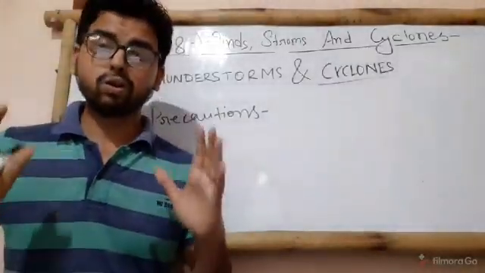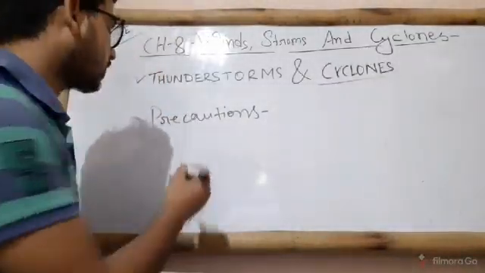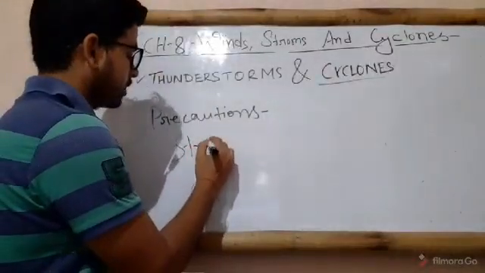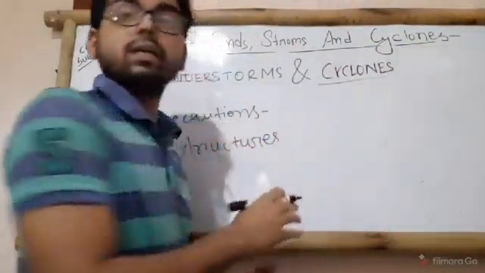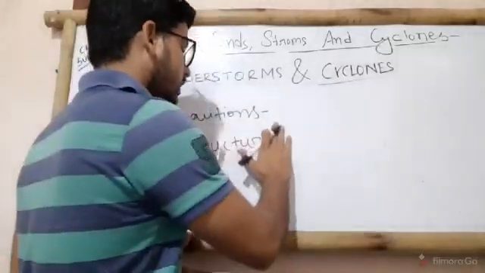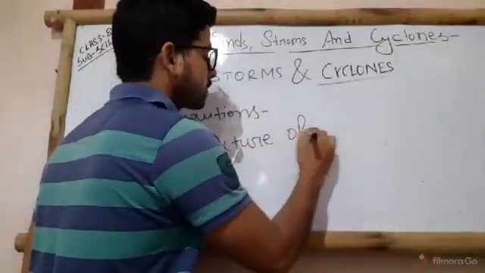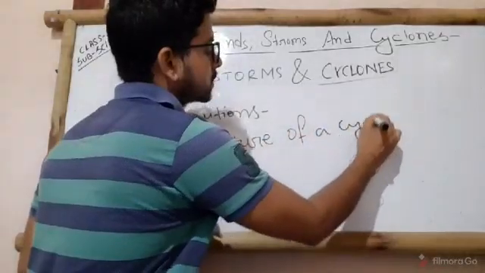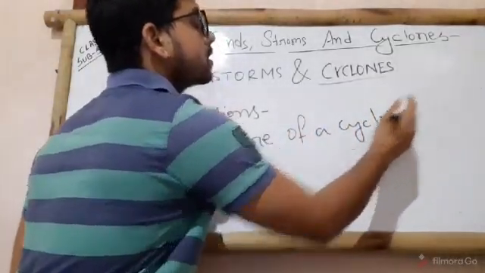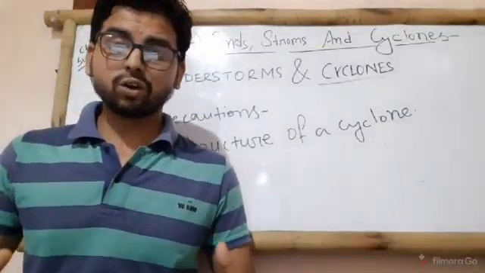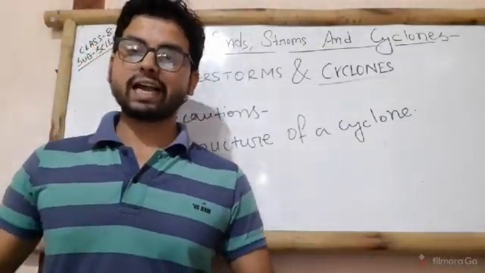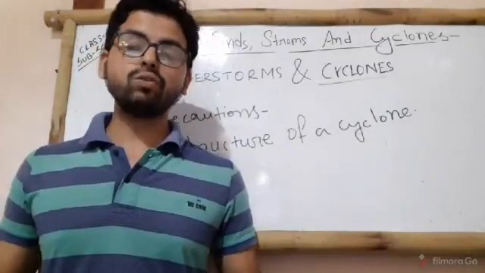Now we will learn about the structure of a cyclone. Basically, a cyclone is a rotation of air in the atmosphere at a height of around 10 to 15 kilometers.